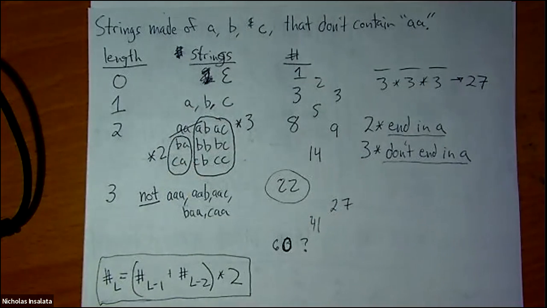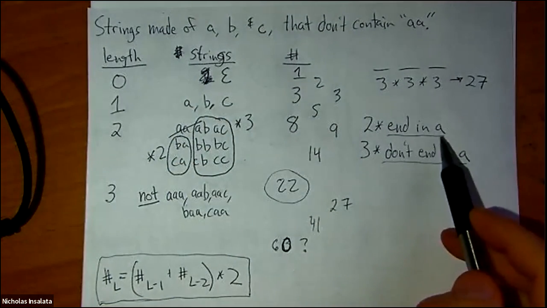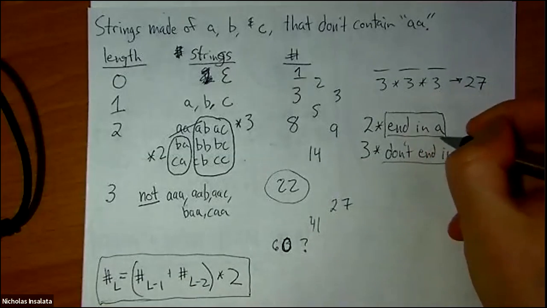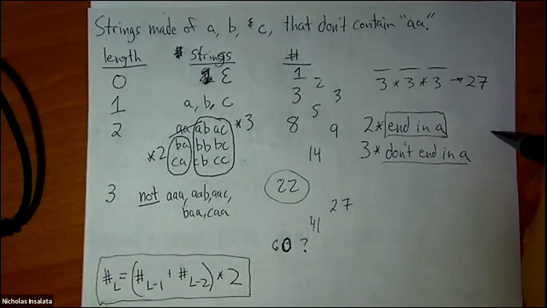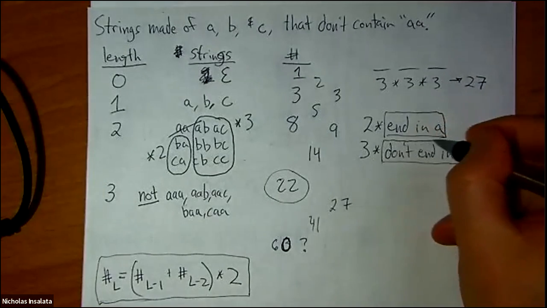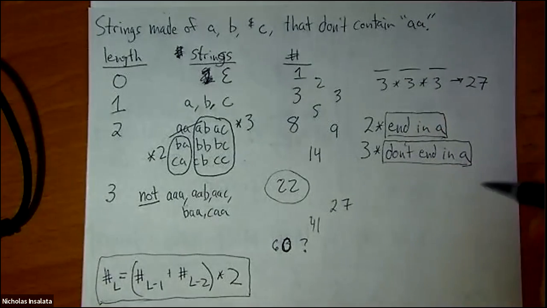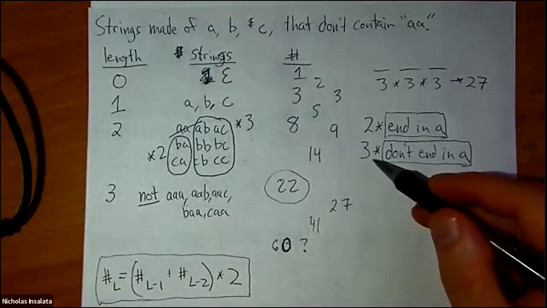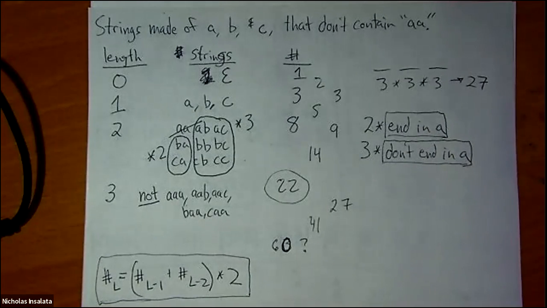So maybe 2 times the things that end in A. Oh, sorry, the things that don't end in A, pardon me. For those examples, you could put 3 things at the end. Yeah, I'm not really sure how to go forward here.